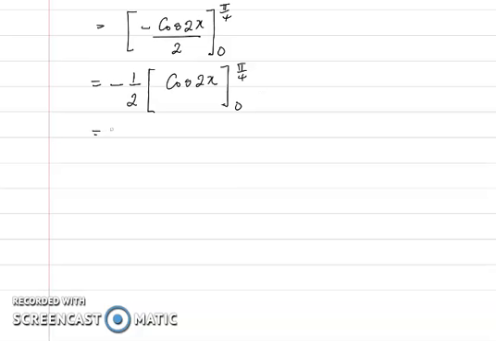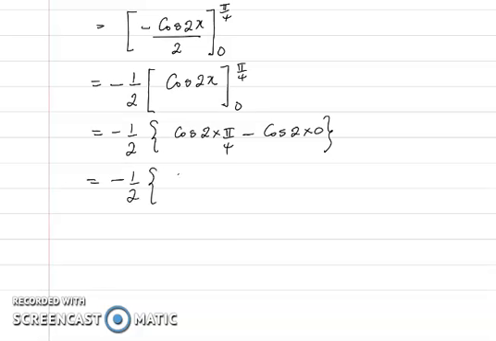So this is equal to minus a half, the cosine of 2 times pi by 4, minus, and replace x with 0, the cosine of 2 times 0. So this becomes minus a half, and then this is the cosine of pi by 2 minus the cosine of 0.